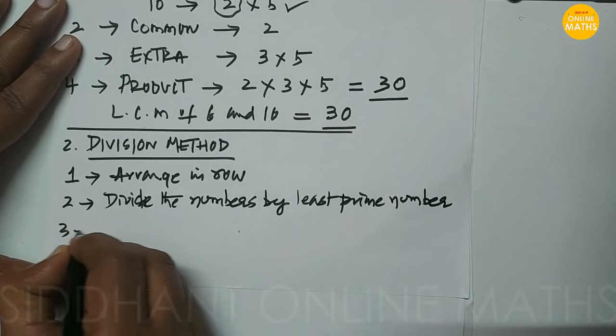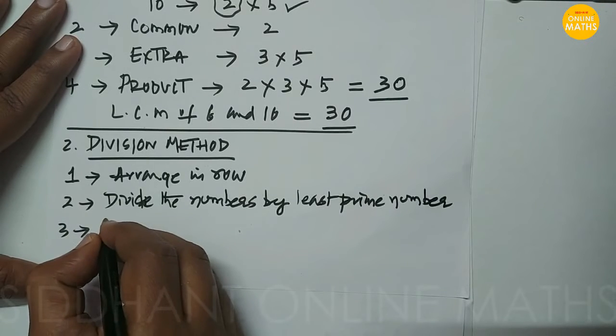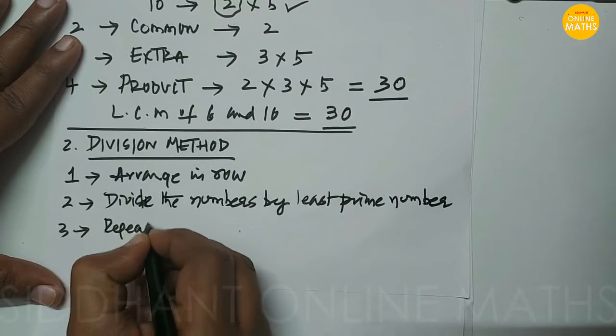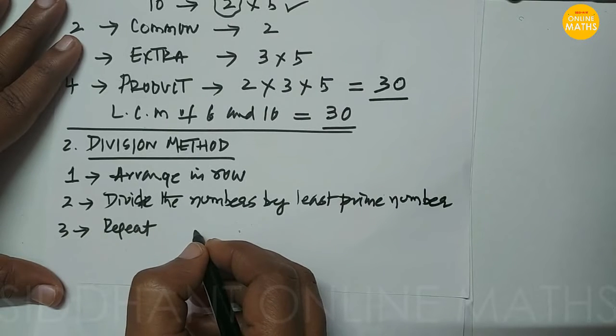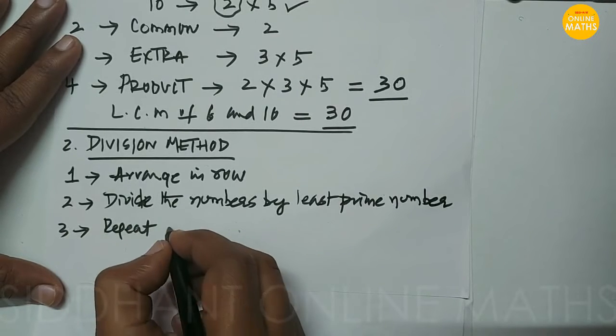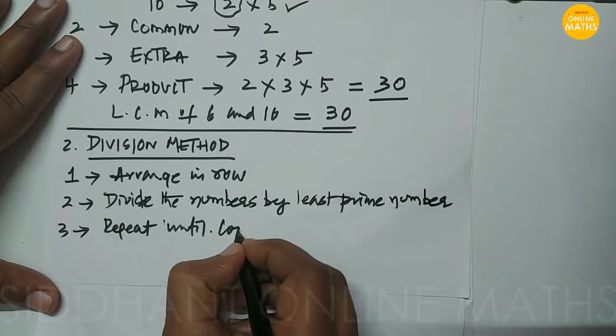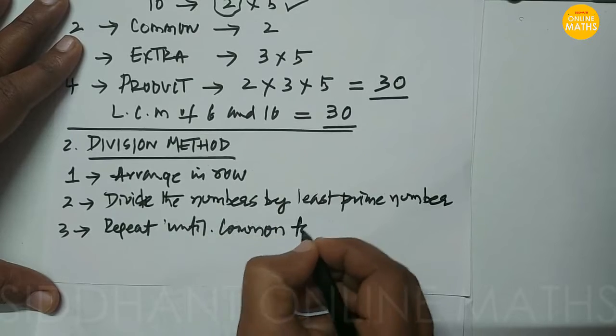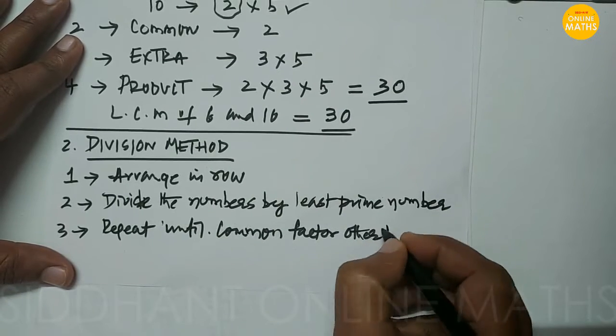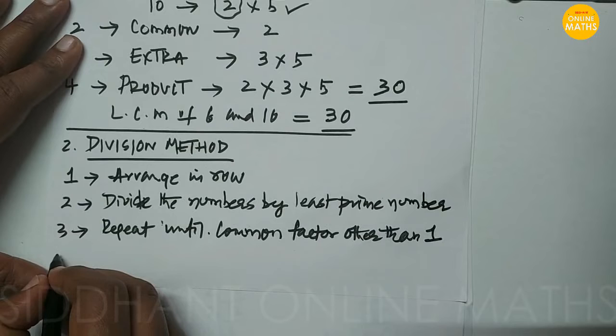Then the third step: we repeat the process until you get a common factor other than 1.